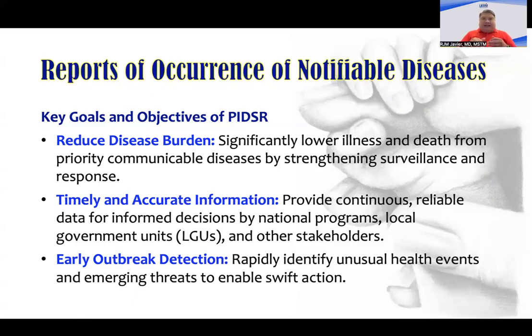Now, if you look at, let's say, the health indices, which were recently lectured on you, we look into the incidence rate, the prevalence rate, or case fatality rate. These are important health indices that we can monitor over time to determine whether or not there has been a significant change in the disease burden. For example, in general, when we talk of communicable diseases, we look into its incidence rate.